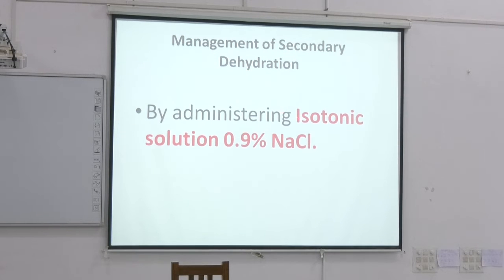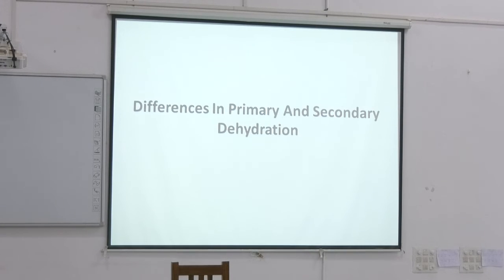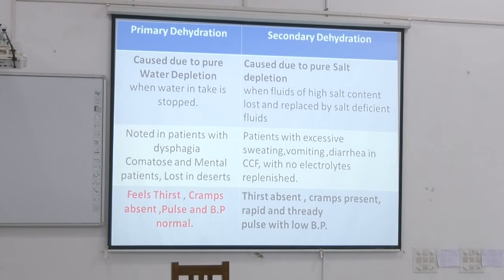Now in this condition, we provide the patient isotonic solution of 0.9% NaCl. Okay. Now there are some differences. You already read this from your book. Primary dehydration is caused by pure water depletion; secondary by pure salt depletion, in a dysphagia patient with excessive sweating, vomiting, diarrhea, no electrolyte replenished, feel thirst, cramps.